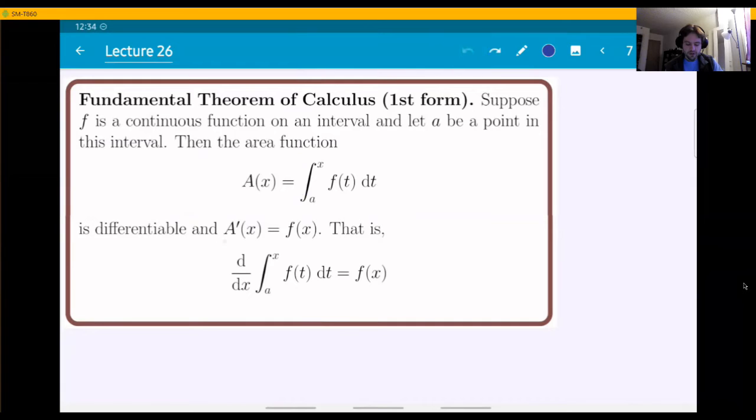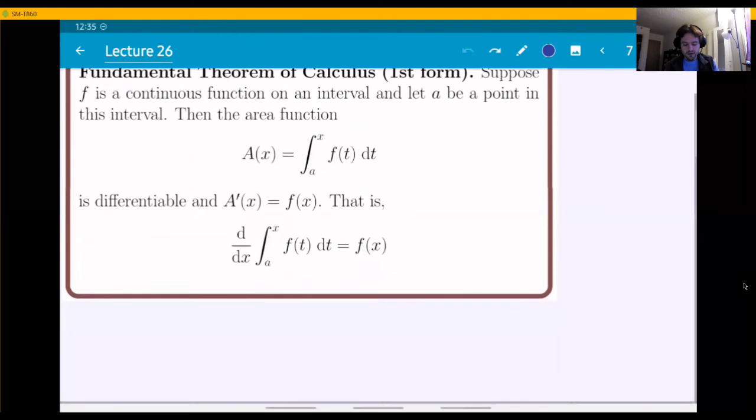And if you calculate its derivative, you're going to find the function little f that is inside. In other words, the d/dx of this expression, the area function, is little f at the point x, the same x that's above there.